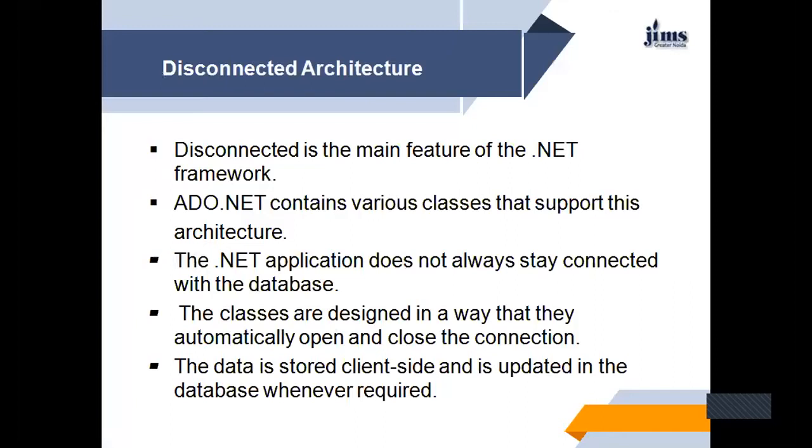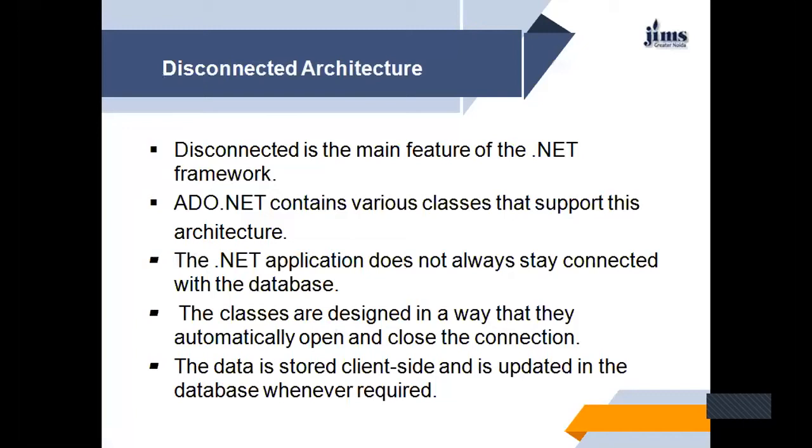Now there are two types of architecture. One is called connected, another one is disconnected. Disconnected architecture is the main feature of the .NET technology or the .NET framework. ADO.NET contains various classes that support this architecture. The .NET application does not always stay connected with the database.